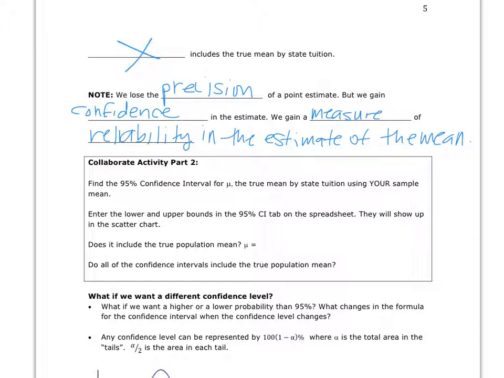Go ahead and do that, and hopefully others will be doing that as well, and you can compare your confidence interval with others' confidence intervals. You'll see that your upper bound and lower bound will show up on the scatter chart, and the population mean is in there, and you can see if your confidence interval includes the true population mean or not.